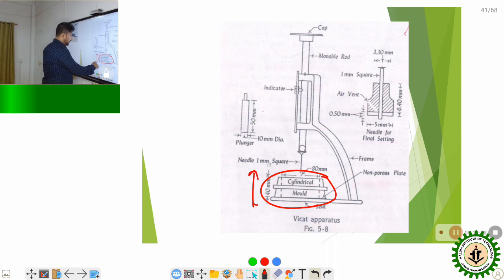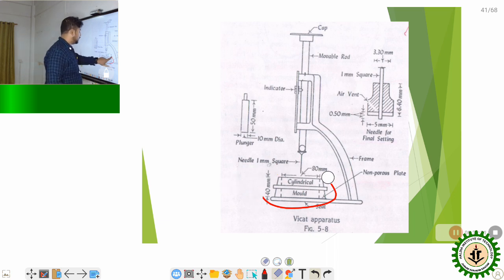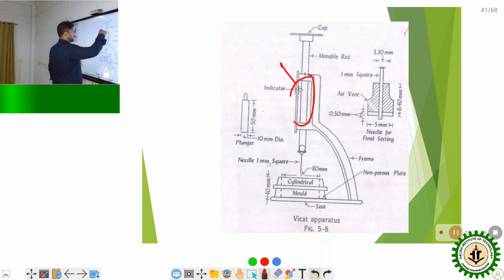This is 40 mm height, as already written over here. The needle is placed just above the mold, and this is the indicator. This is the scale.